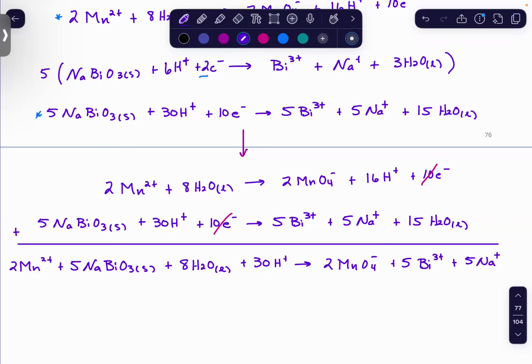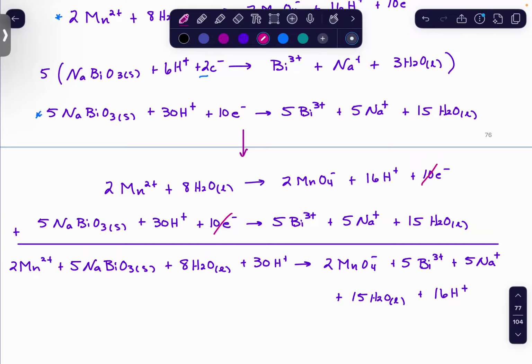Let's see, 15 waters and 16 protons. Now, I want to cancel out like terms on the left and the right.